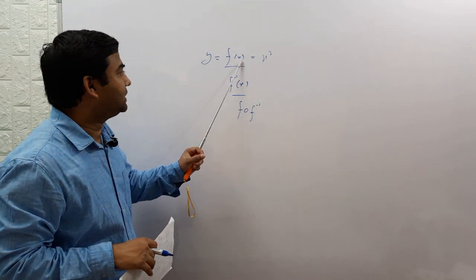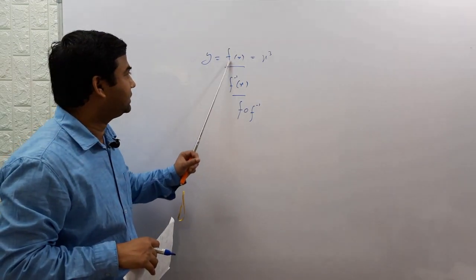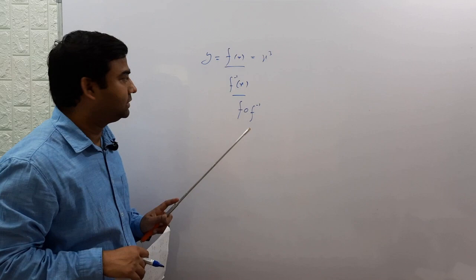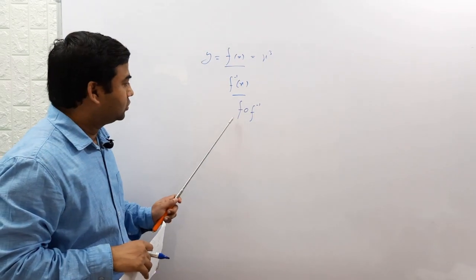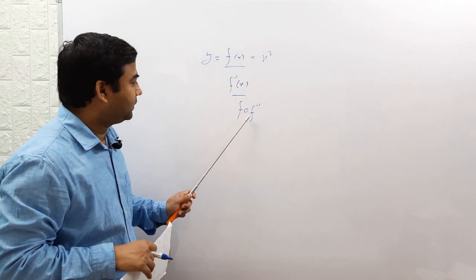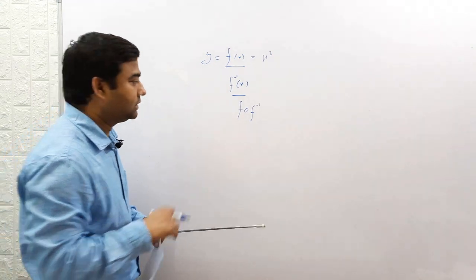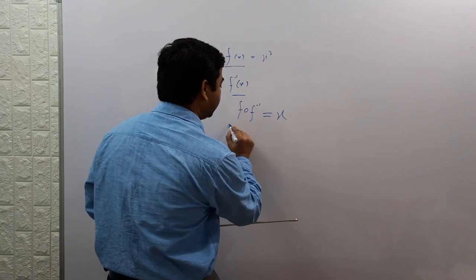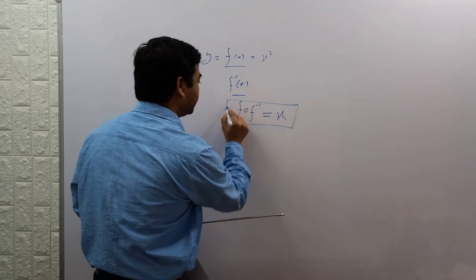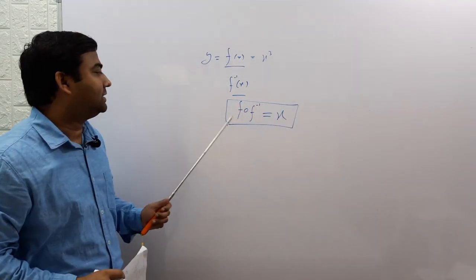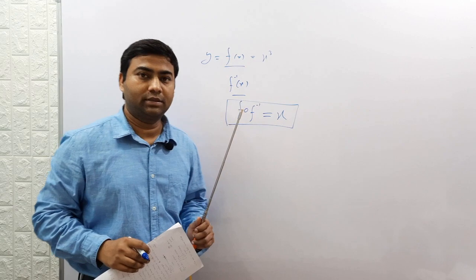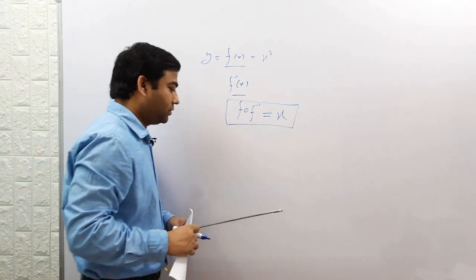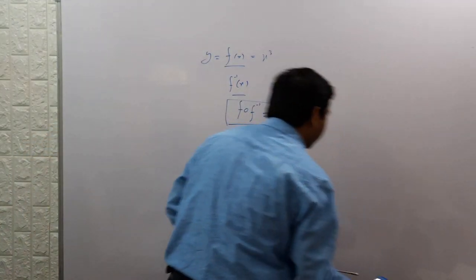So the original function is f(x), its inverse function is f inverse x. The composite of f and f inverse is always equal to x. That is the property of inverse function. So how will we find the inverse function?